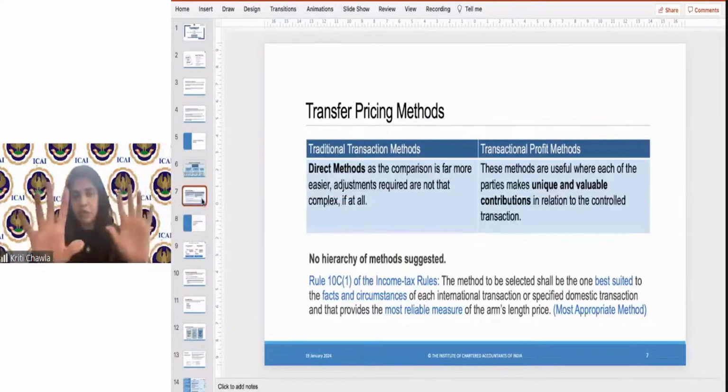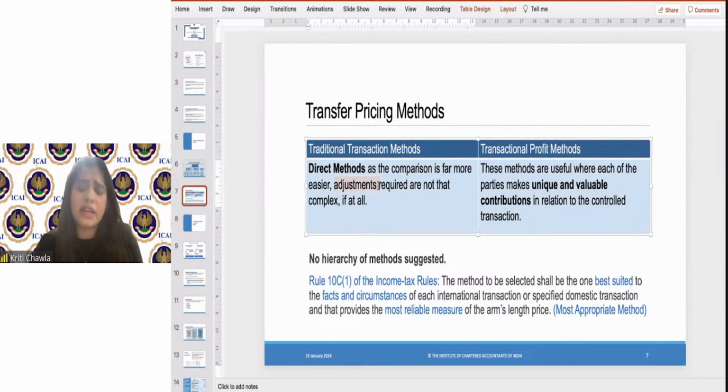Whatever I explained, I've provided here also: traditional transaction methods are very, very direct methods. And it's very easy to calculate ALP using these particular methods, because adjustments are not required and they're not as complex as transactional profit methods.